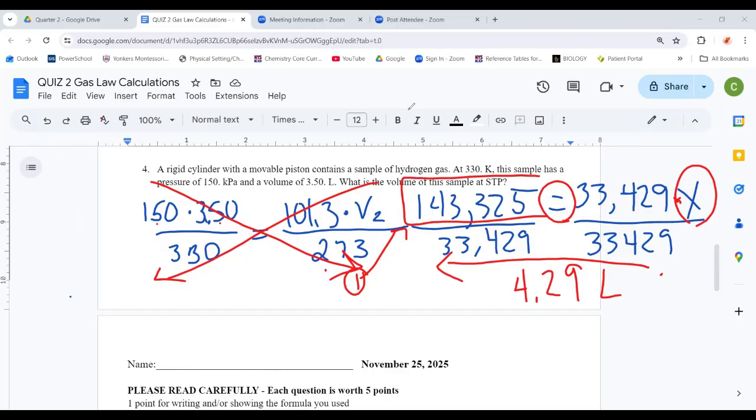Now, I don't know if there'll be a question like that on the test. I wasn't anticipating it, but just make sure that you're not making up fake rules for yourself, like, oh, you always move it from the right to the left. It will depend entirely on where the X is, where you move something in the algebra equation. So you just want to move it to the side where the X is not, so you can solve for the X. So where you move things will depend on what you're solving for. So after I divided both sides by 33,429, I got 4.29 liters. All right, let's move on.